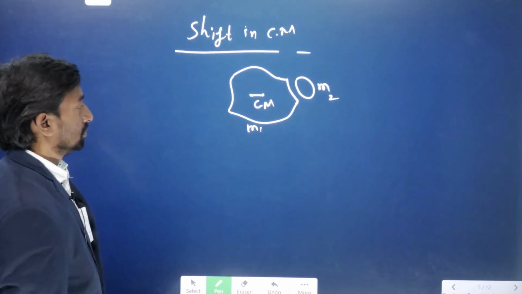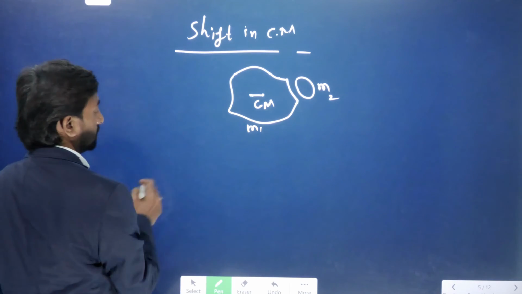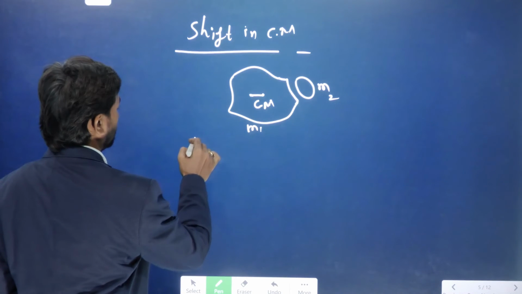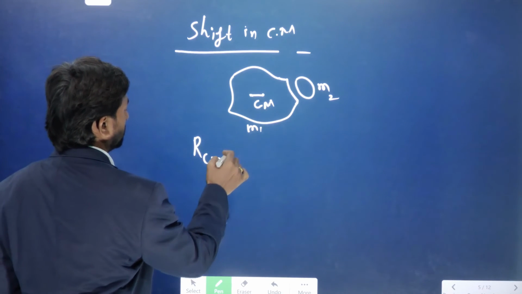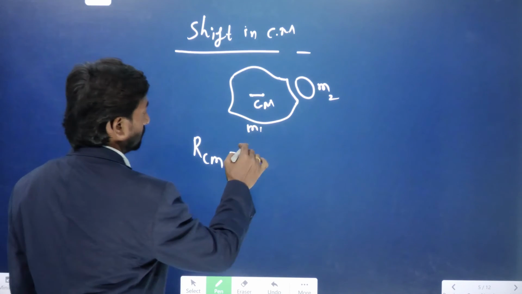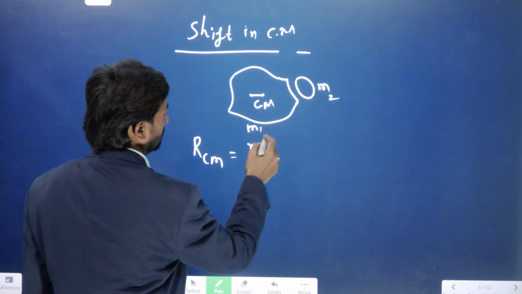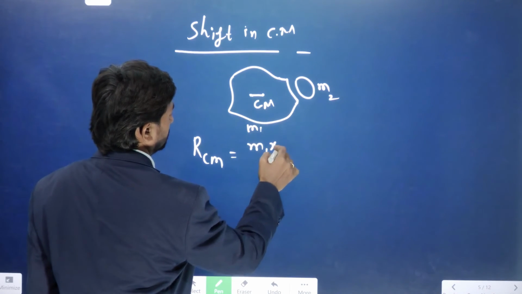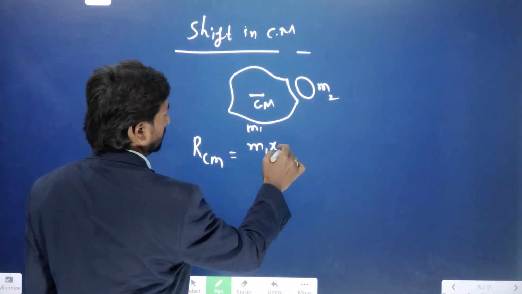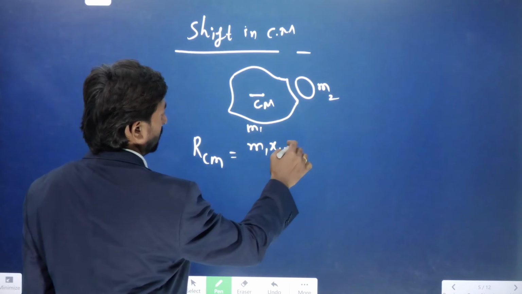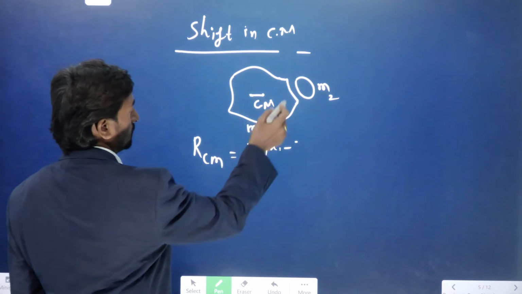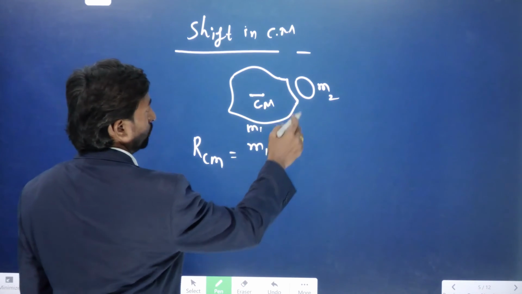Okay. So then the shift in the center of mass, the general formula we can write here: R_CM is equal to m1 x1, that part has shifted there, minus the removed mass. This is the whole mass m1 and the removed part is m2.